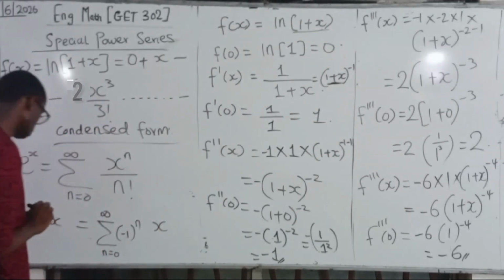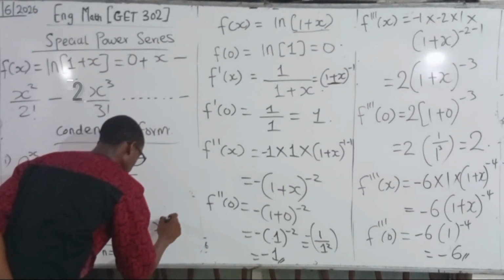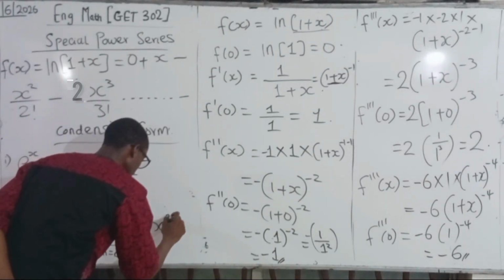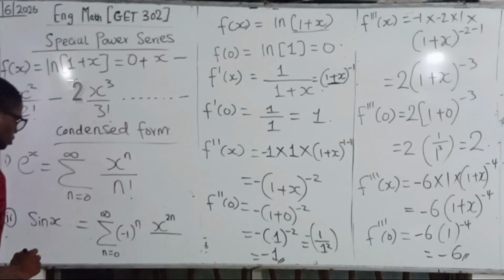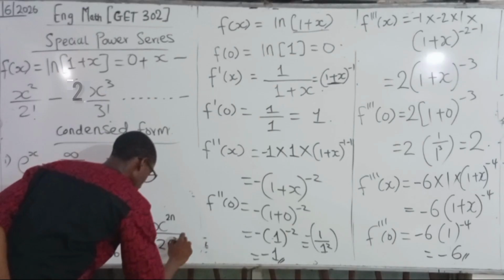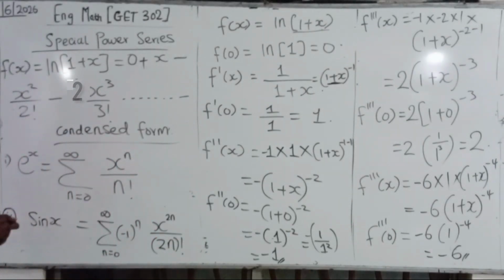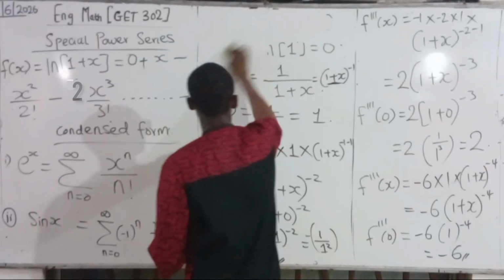No, should it be 2n? I think yes, it will be 2n over 2n factorial. That is what it will be.